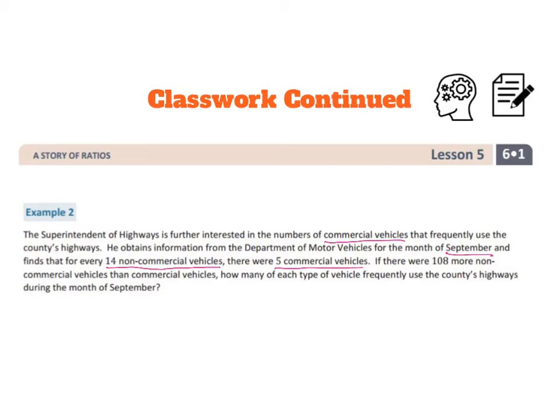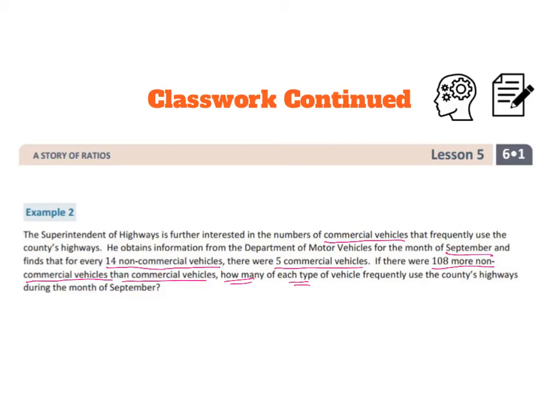If there were 108 more non-commercial vehicles than commercial vehicles, this is where the reading gets complicated. How many of each type of vehicle frequently use the county's highways during that month of September?